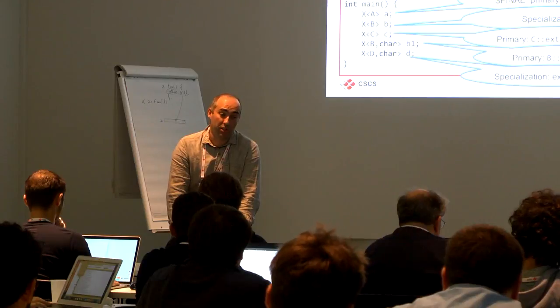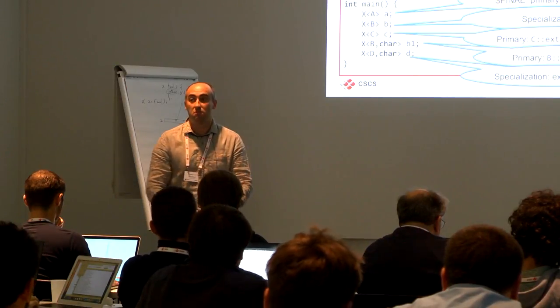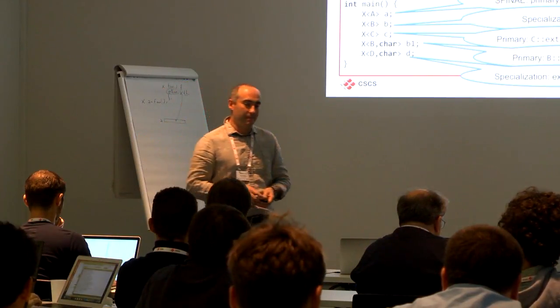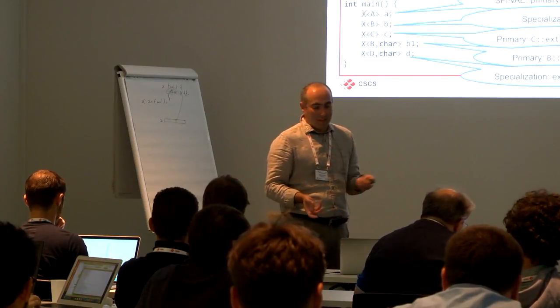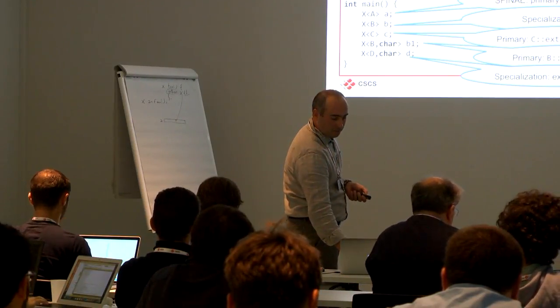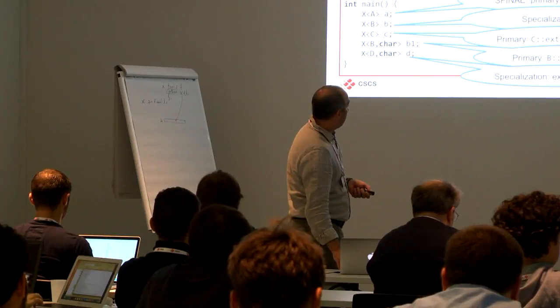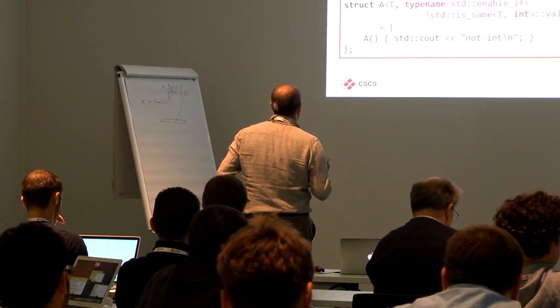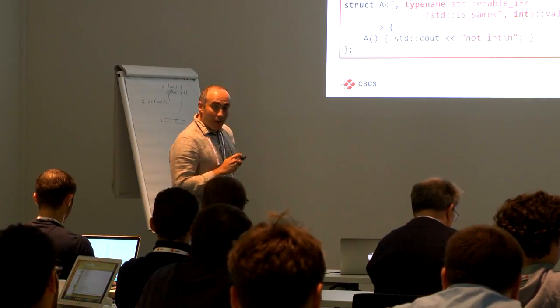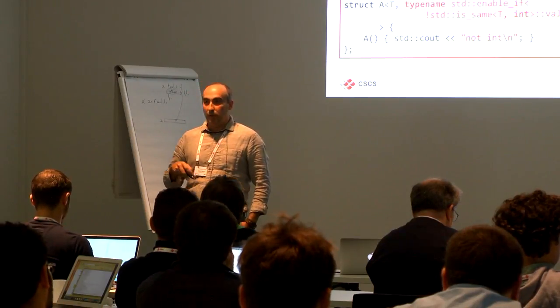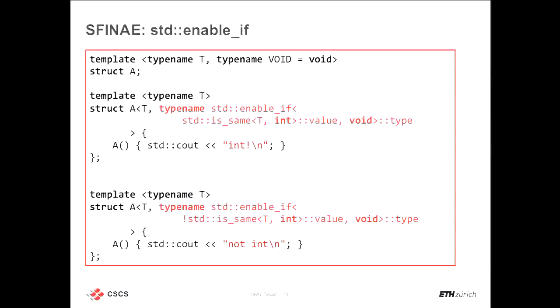You can actually exploit these behaviors to do things for the good or for the bad. So there is one thing in the standard library which is called enable_if. It's kind of a metafunction that exploits this SFINAE mechanism.